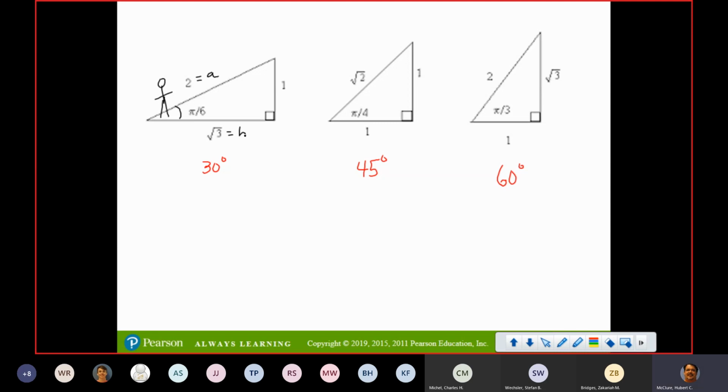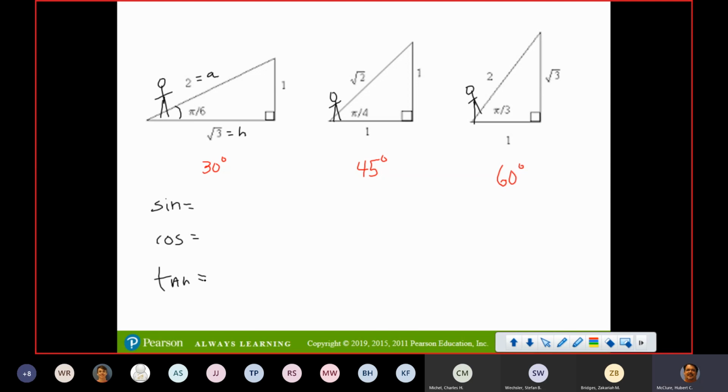Same here. The angle is right here. So now you can find the sine, cosine, and tangent. I'm just going to go all the way across.